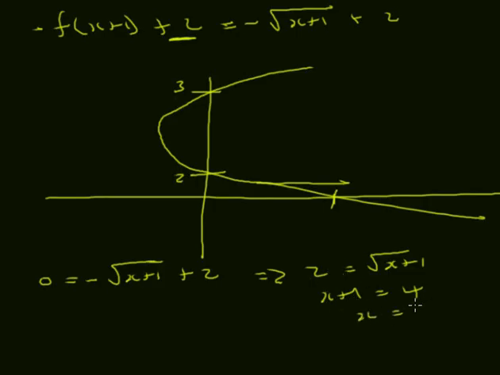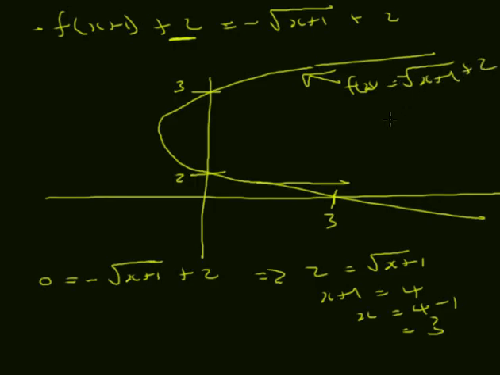X equals 4 minus 1, which is 3. This is 3. This is the graph of f of x equals minus square root of x plus 1, plus 2. You can put your line of symmetry there. No, this is 1. Yeah, the line of symmetry is at 2. That is the graph there.